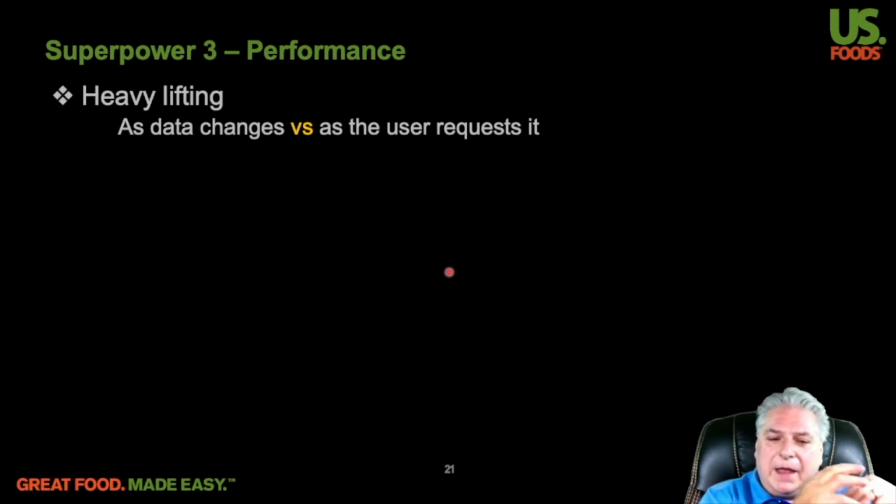So the heavy lifting is really in the integration part as we're transforming that data to get it in there versus trying to transform the data when the user is trying to get the data out, right? That provides us a much better user experience and a different way to really think about architecture, even how you do load testing and different things like that. So that would be Superpower 3.